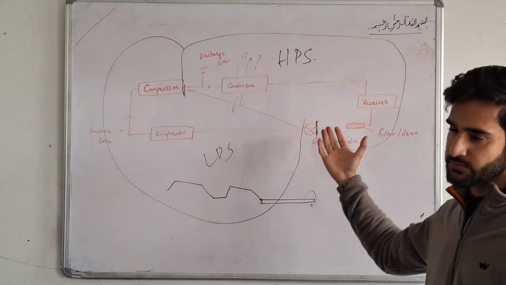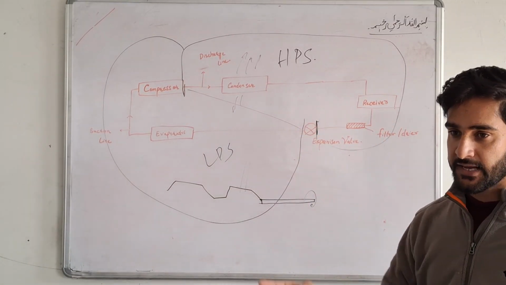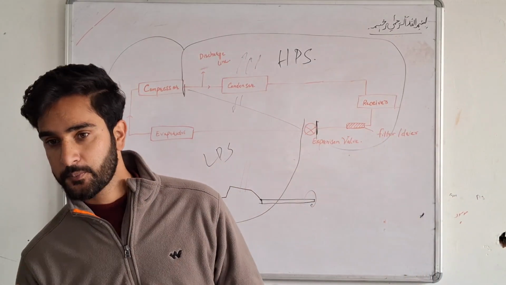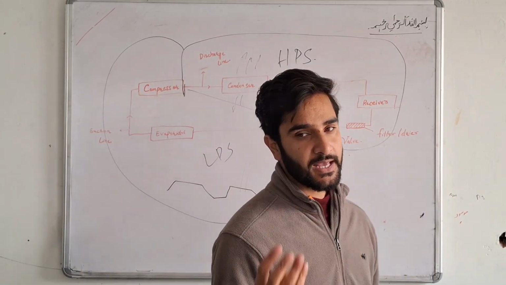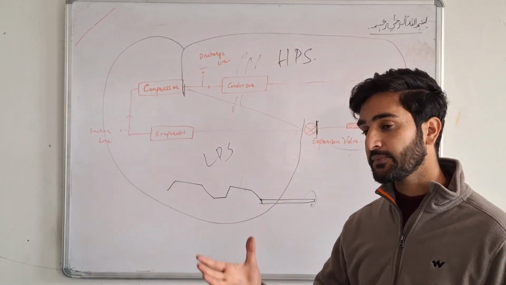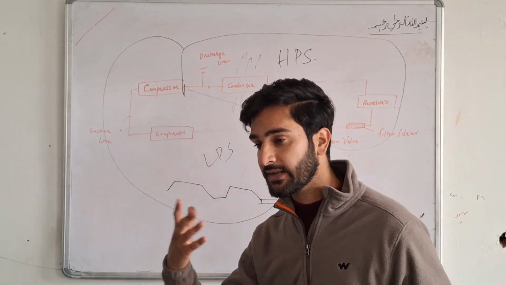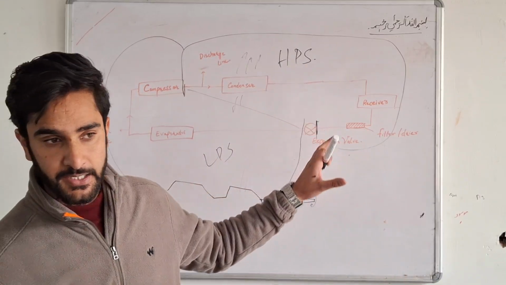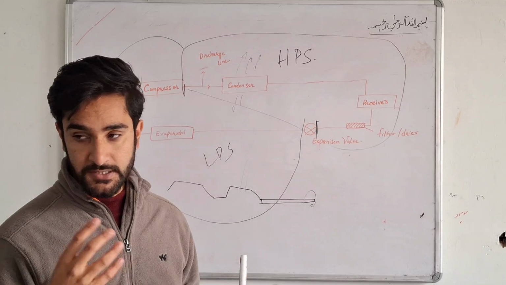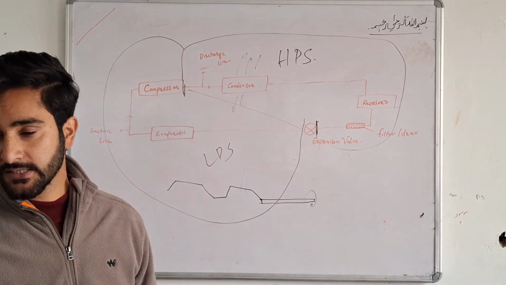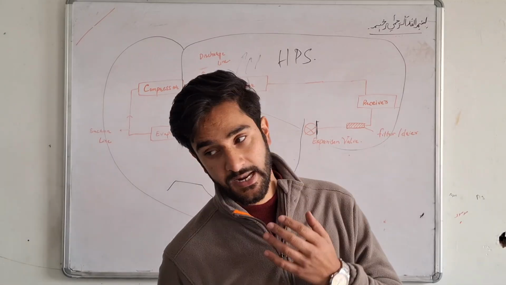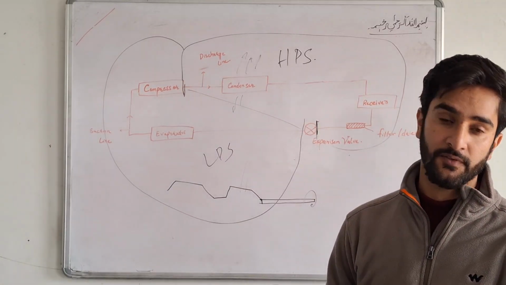There are different plots we can use to check its efficiency: TS diagrams, temperature-entropy diagrams, pressure-volume diagrams, enthalpy-entropy diagrams. These different graphs let us check the states of the system and the changes happening when the cycle is taking place. These graphs help us understand this cycle very well.